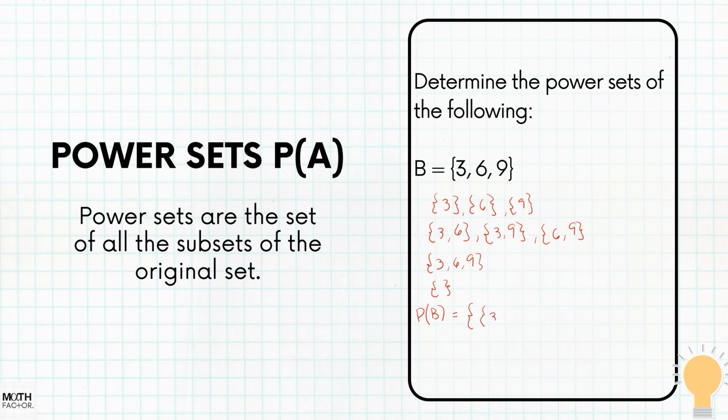We have {3}, {6}, {9}, {3, 6}, {3, 9}, {6, 9}, {3, 6, 9}, and empty set. So this is the power set for set B.